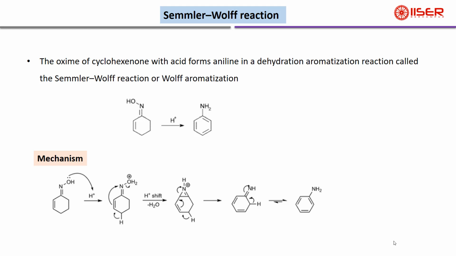In this reaction, the oxime of a cyclohexanone in presence of acid rearranges to give us aniline. I have already discussed the Beckmann rearrangement. This is a side reaction, or the exception, of the Beckmann reaction.